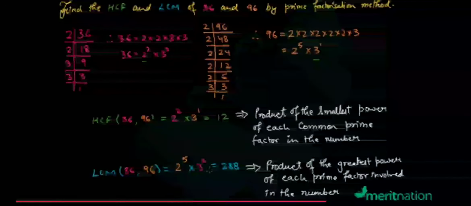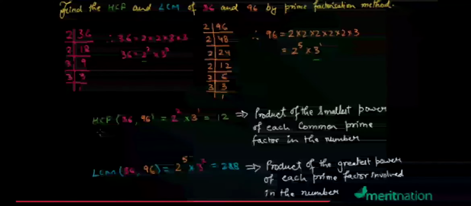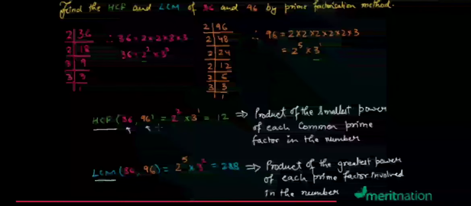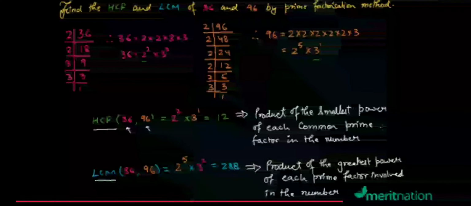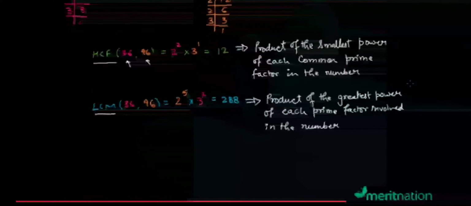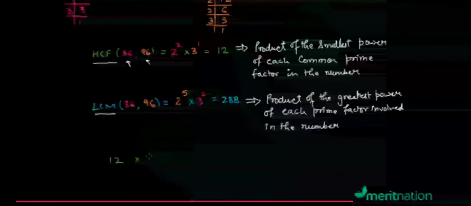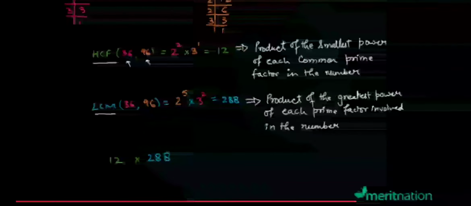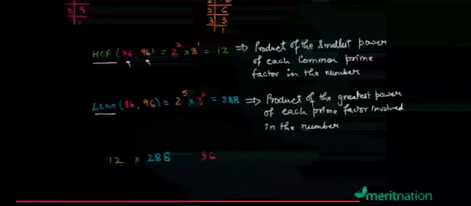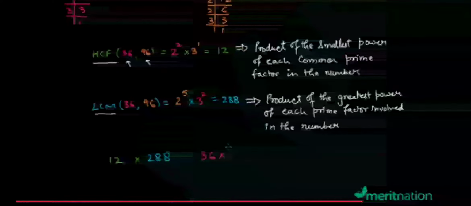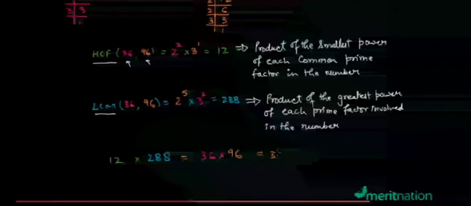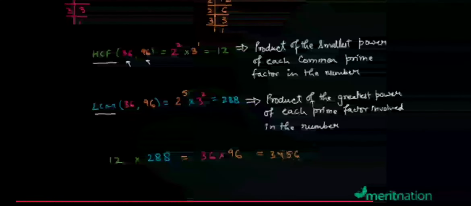Now here, you can notice one relationship between HCF, LCM, and the given numbers, which in this case are 36 and 96. If you multiply 12 by 288, you will actually get the same product as if you multiply 36 by 96. So both the values will be equal to each other, and they will be 3,456.